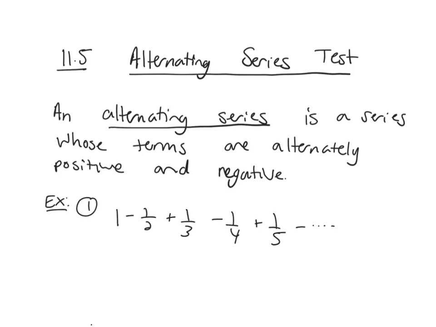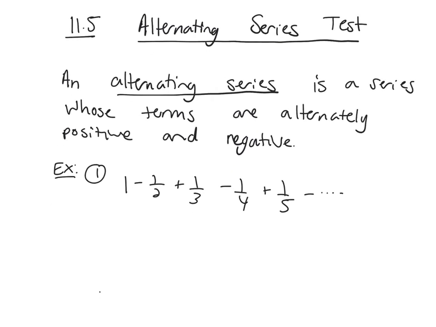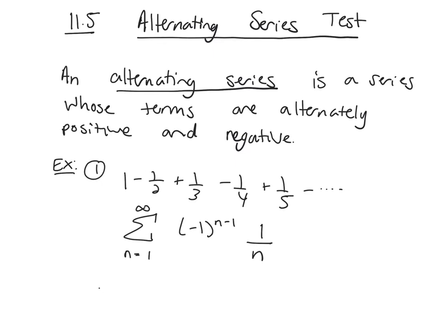I could write this as a series with a general formula here. My first term is positive, so it's -1 to the n minus 1, times 1 over n.